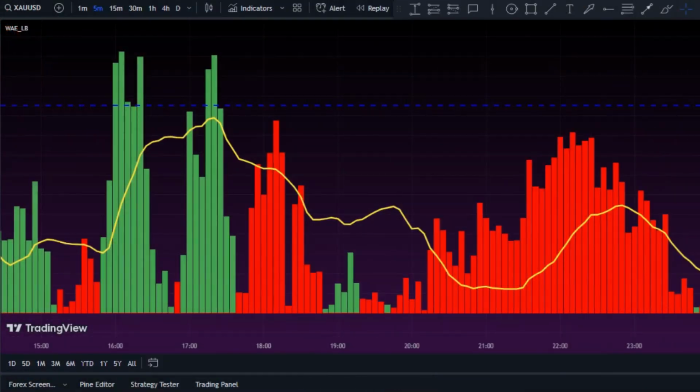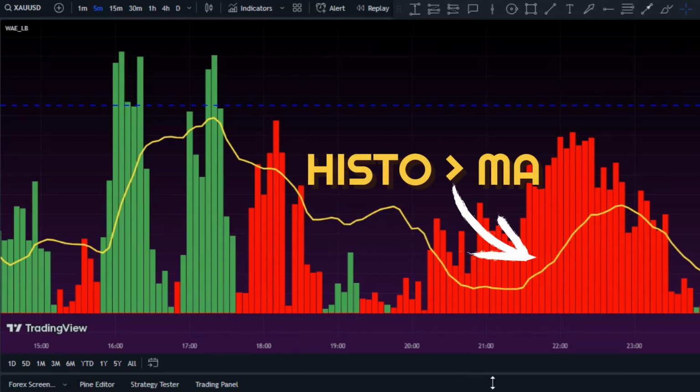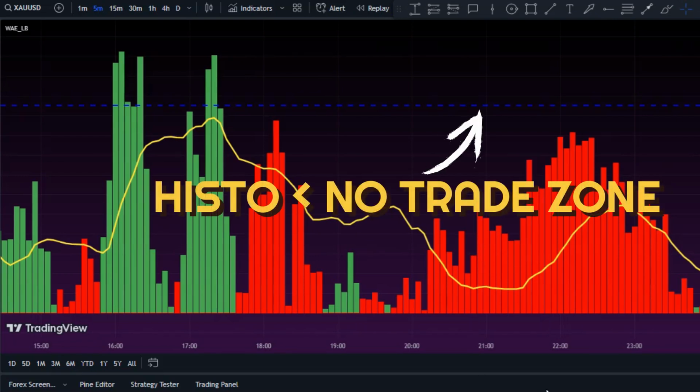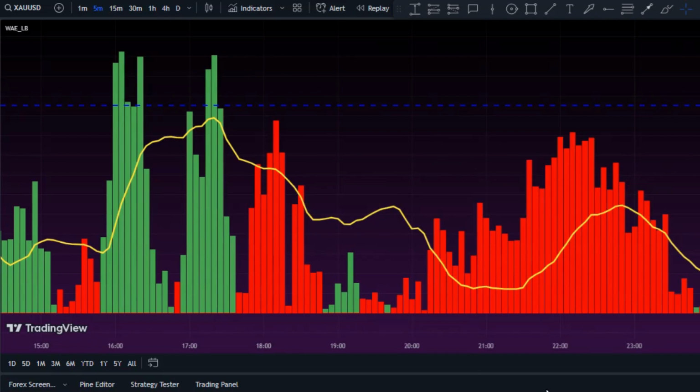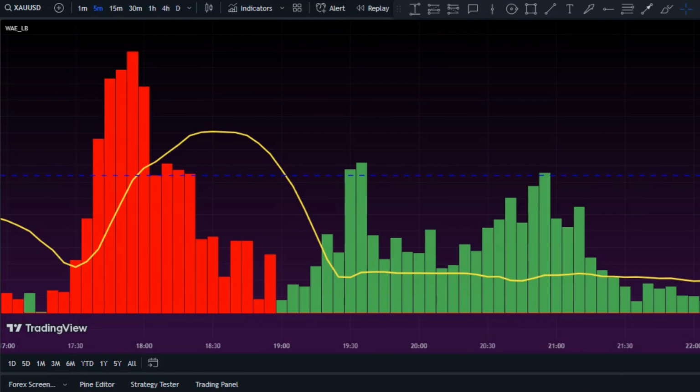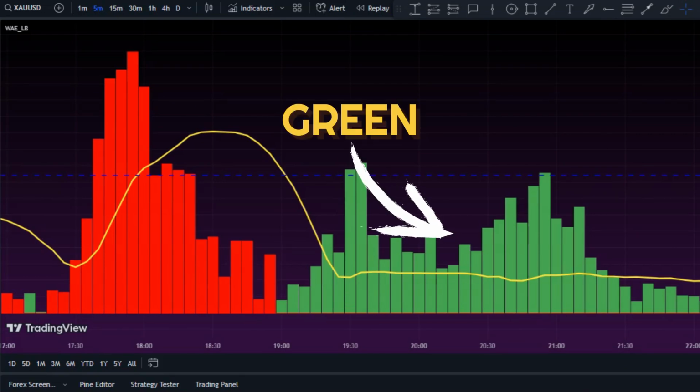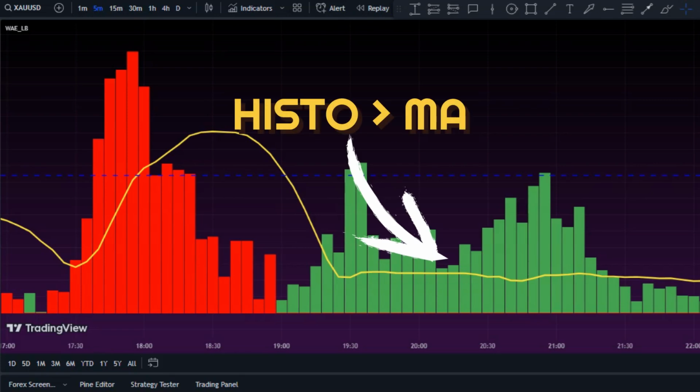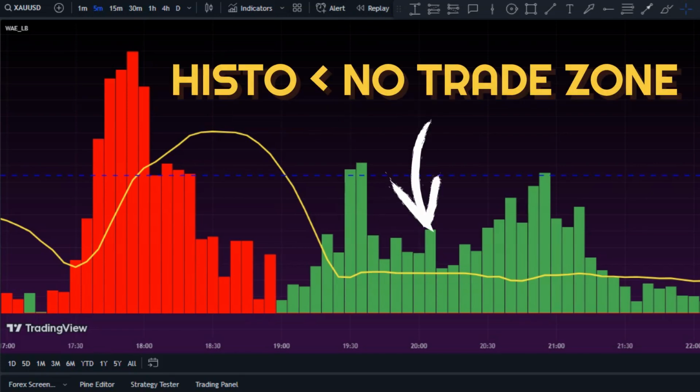Therefore now, the sell signals will only be valid if the WAE indicator is 1, red, 2, above the moving average, and 3, below the no trade zone line. And the buy signal will be valid if the WAE is 1, green, 2, above the moving average, and 3, above the no trade zone line.